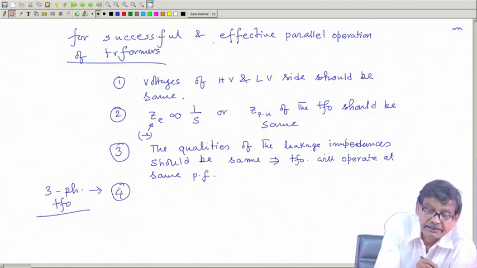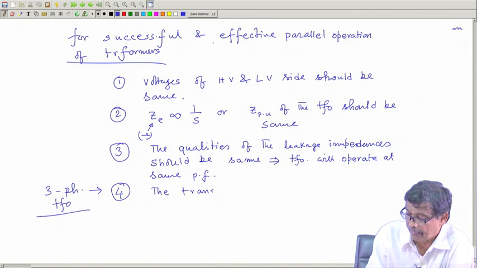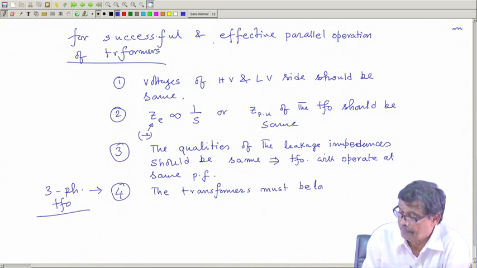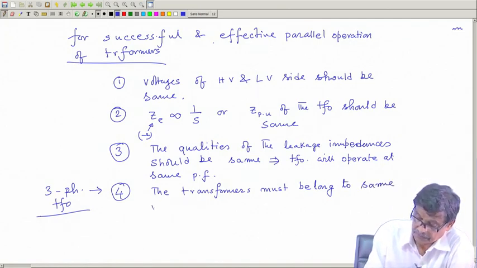We must write that the transformers must belong to the same vector group.